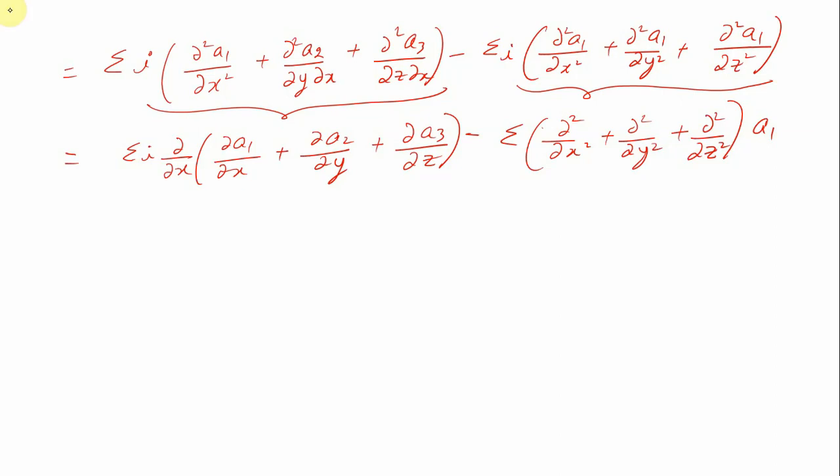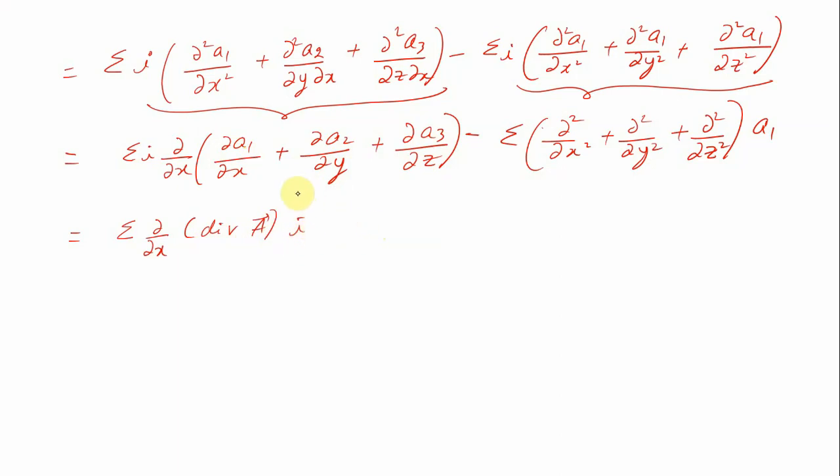So next step, yes friends, this is going to become summation, this full term. If you take ijk and ∂/∂x, I will keep ∂/∂x outside. This ijk ∂/∂x of a1, ∂a1/∂x plus ∂a2/∂y plus ∂a3/∂z is going to become divergence of a bar, which is i.